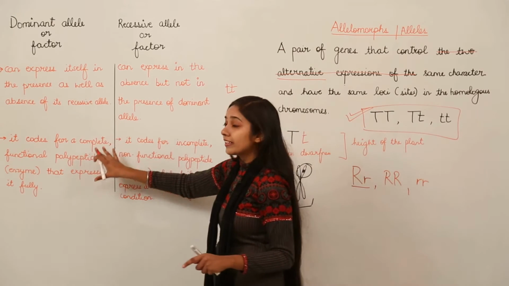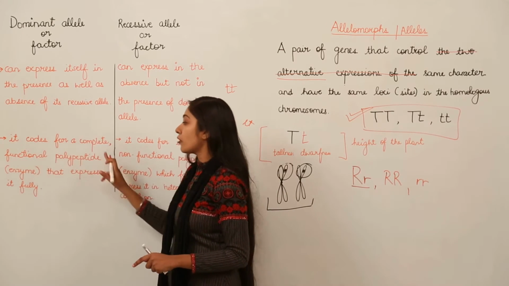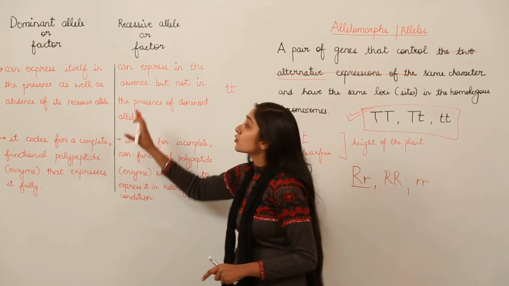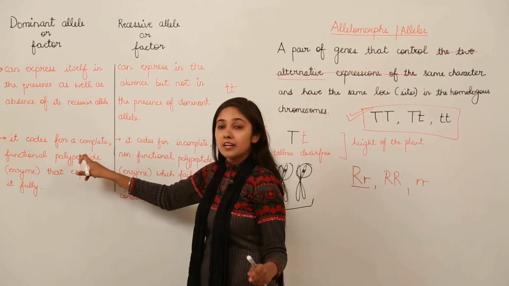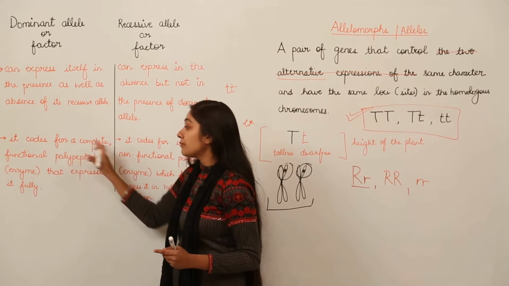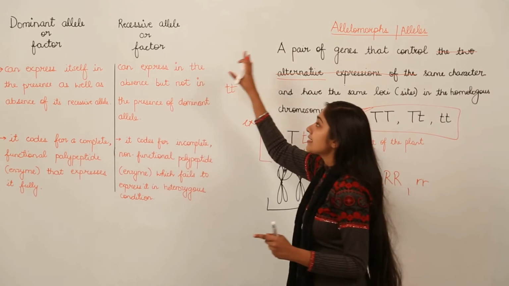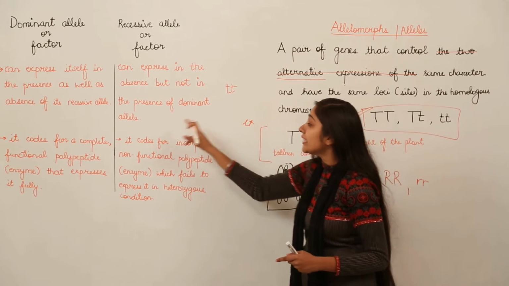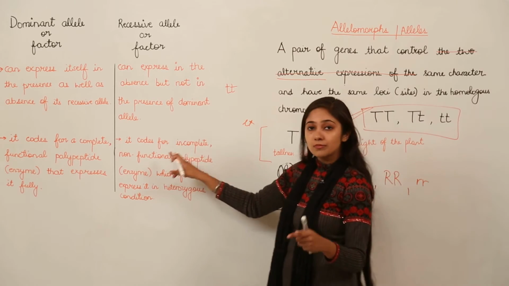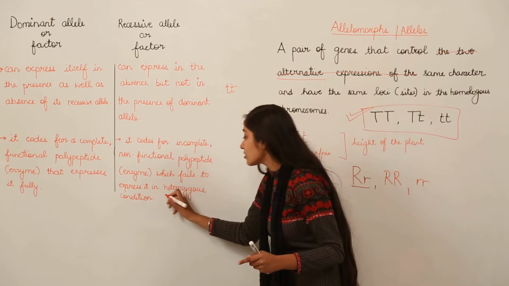So the key point is, remember, for dominant allele, it codes for a complete functional polypeptide or enzyme that expresses it fully. Why is it going to be expressed? Here is the answer. Because this dominant allele encodes for a complete functional polypeptide in the form of an enzyme that expresses it fully. But in this case, recessive allele or factor, it encodes for incomplete non-functional polypeptide. So it is incomplete non-functional polypeptide in the form of an enzyme which fails to express in the heterozygous condition.